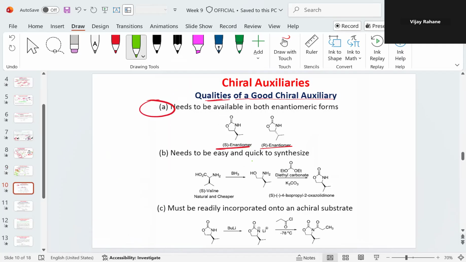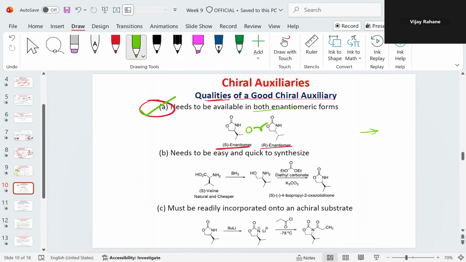So if it is available in both enantiomeric forms, it is very easy, depending upon our desired product, to tune the stereochemistry in the final product. Therefore, it should be commercially available in both enantiomeric forms.